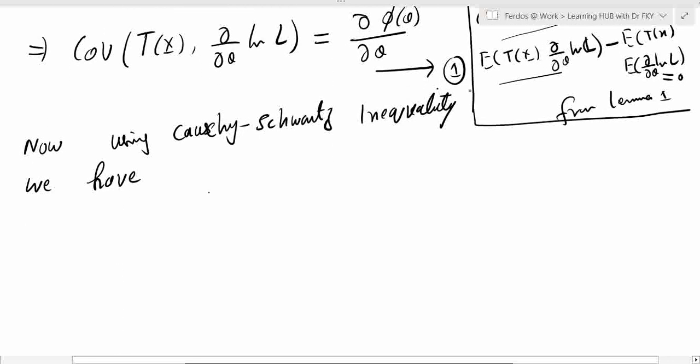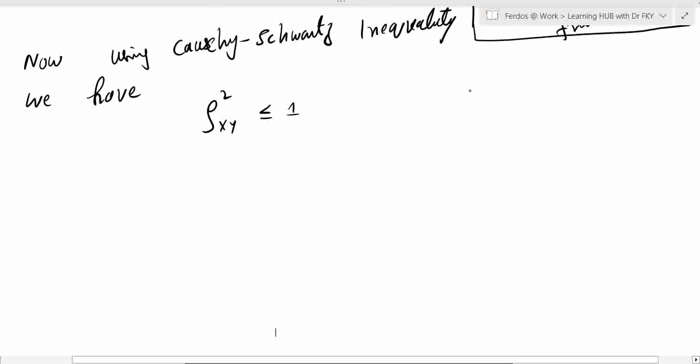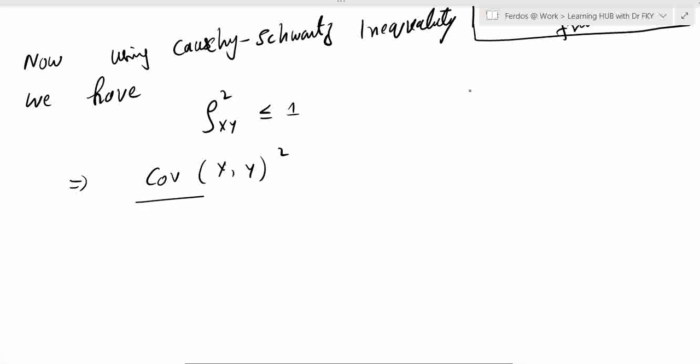this inequality: rho xy square is less than or equal to 1. This means that the square of the correlation coefficient is less than or equal to 1. So you can write covariance of xy square divided by variance of x and y is less than or equal to 1.